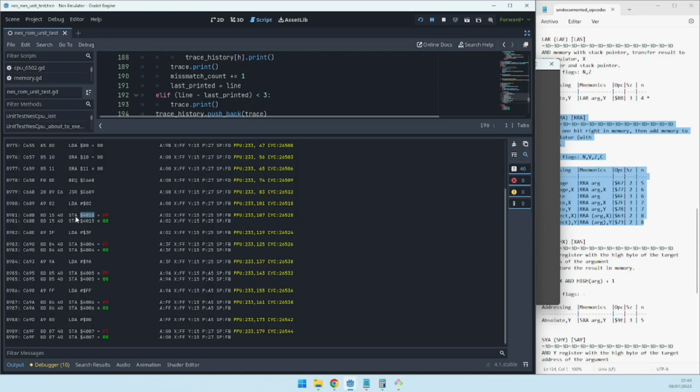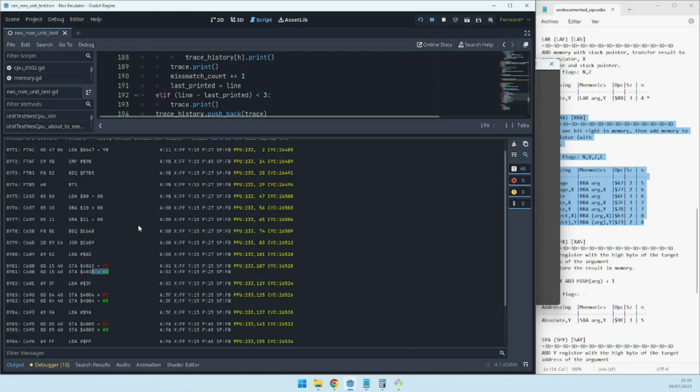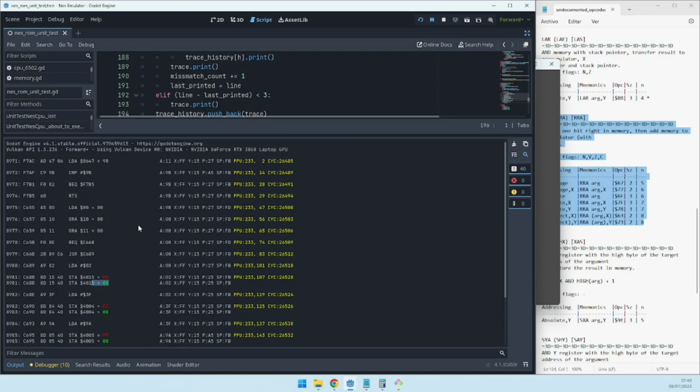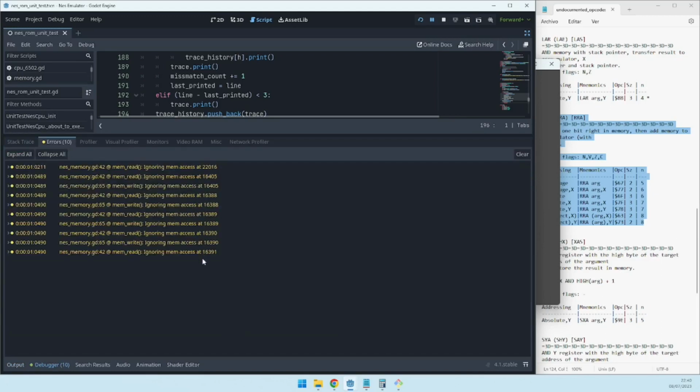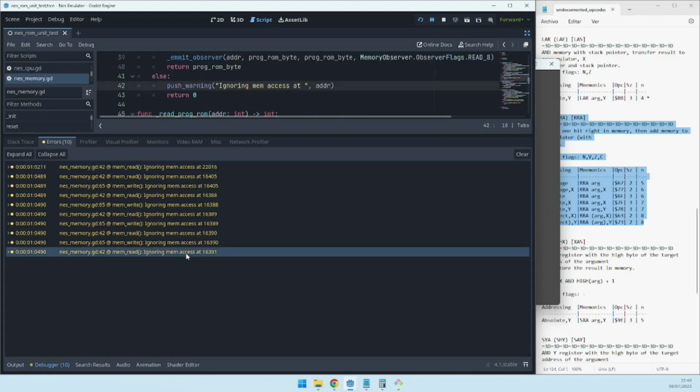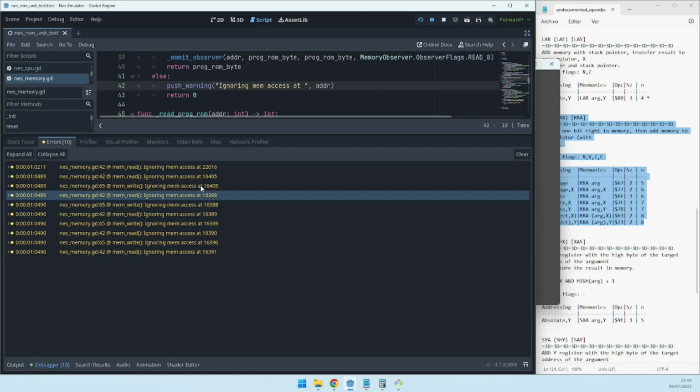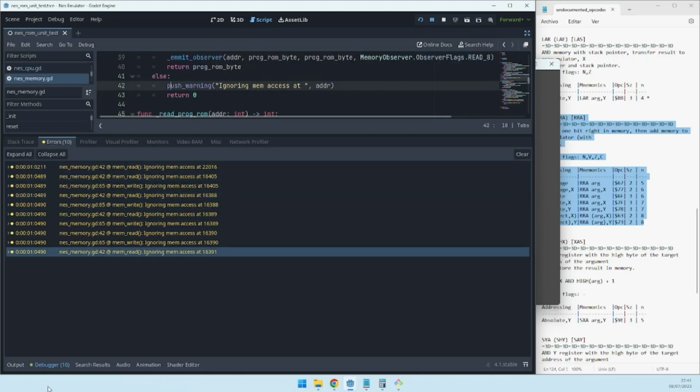So we are storing A into the memory, and this was the value before storing, not after. That can maybe make sense. So we could be doing something wrong. So it's ignoring a lot of memory addresses. That's fine.